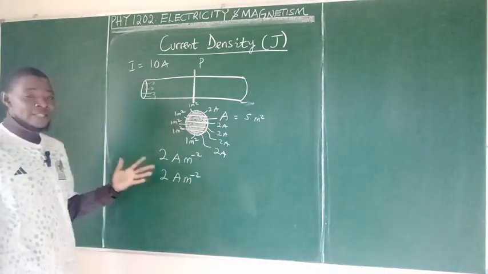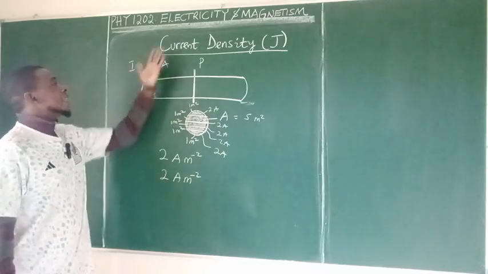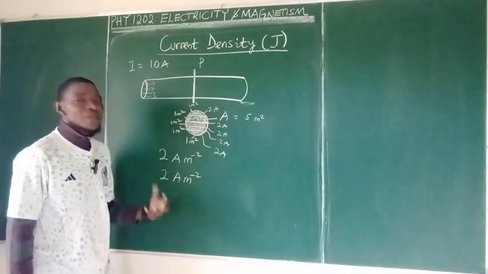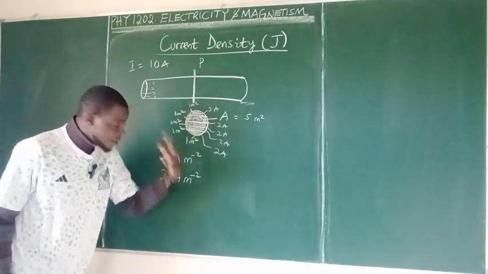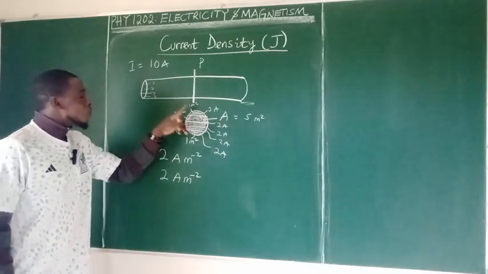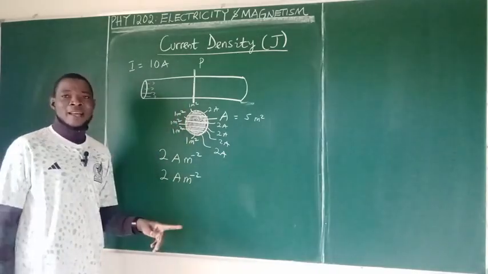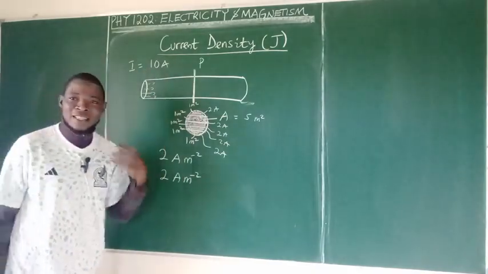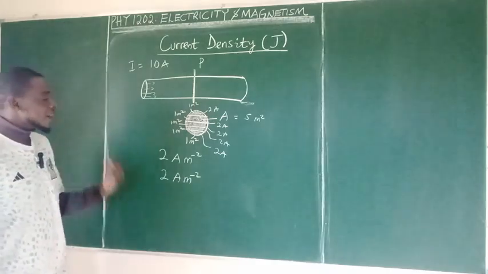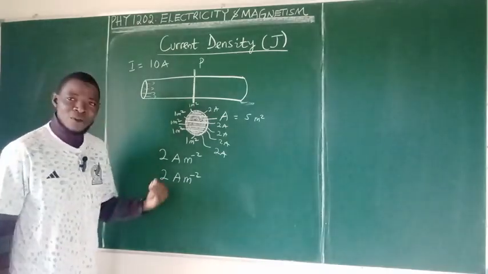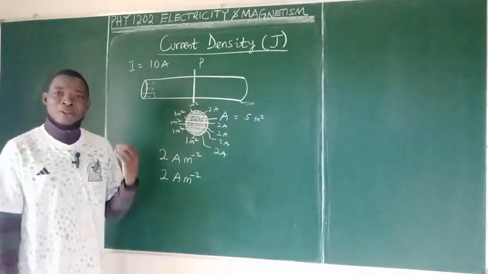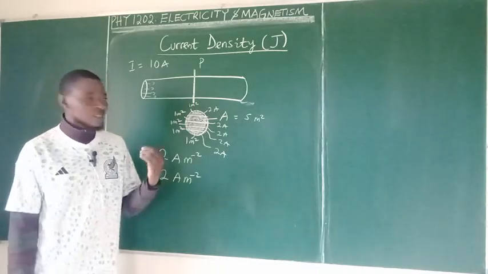This measurement is what we call current density. You want to know how many ampere of current is generated for every 1 square meter area of a conductor. That measurement is called current density. So it is defined as current per unit cross-sectional area.